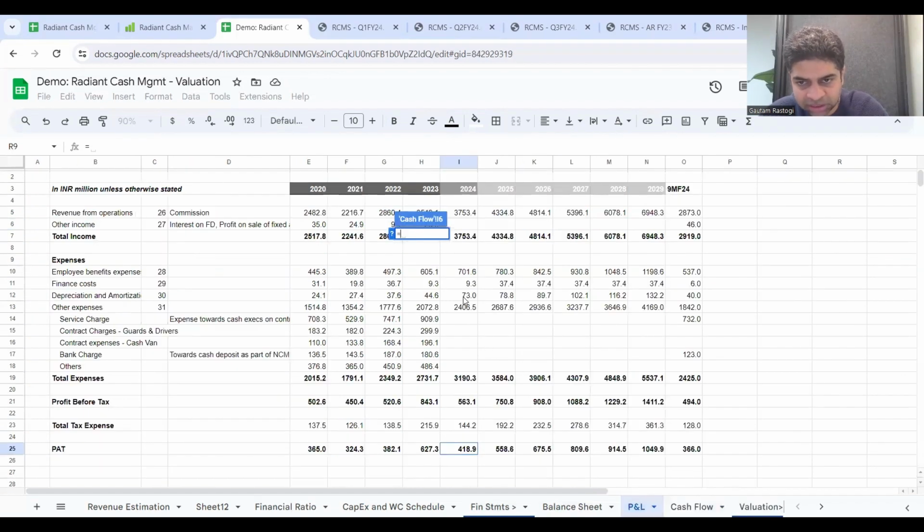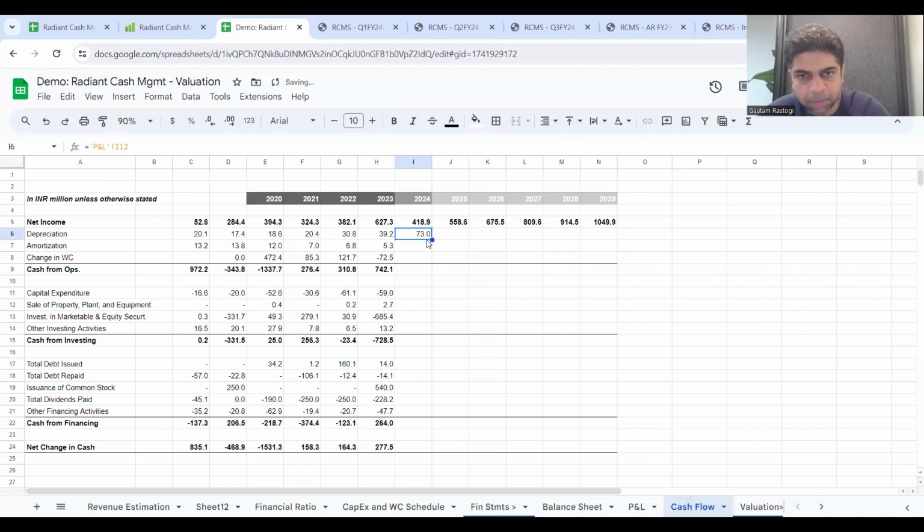So let's pull 73 from the P&L and drag it. For amortization, we can assume the same amortization as last year because we have not really changed our amortization modeling assumptions. We've assumed the same intangible assets as last year. So let's just take last year. Now let's estimate change in working capital.